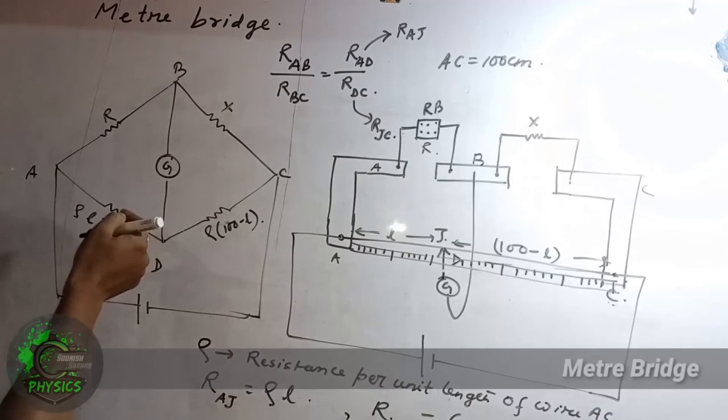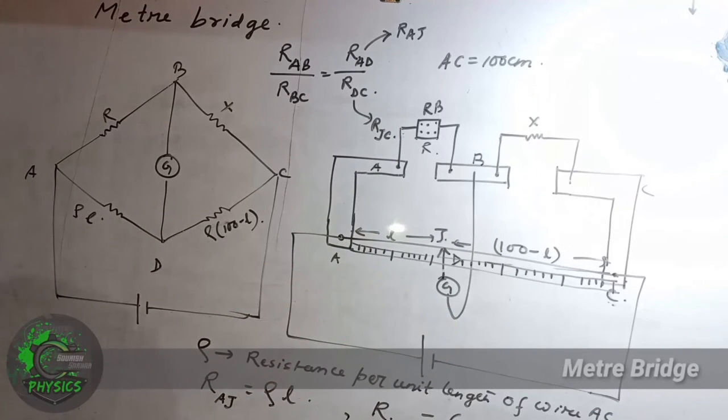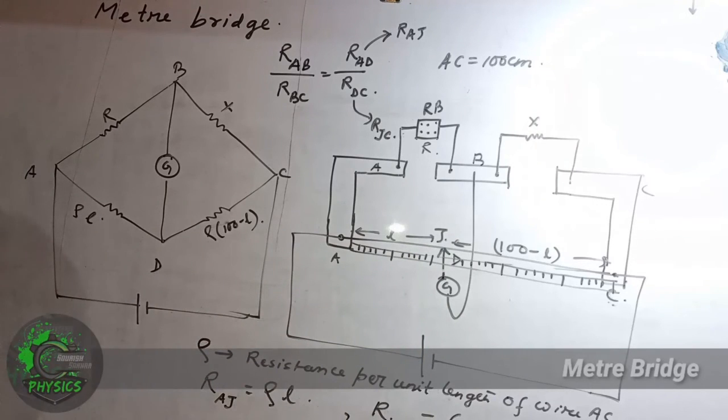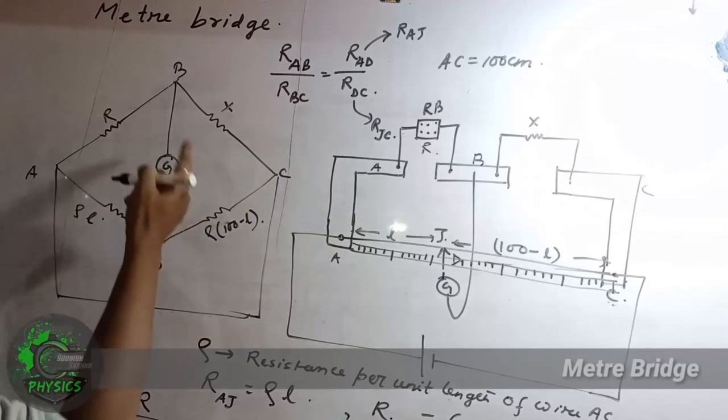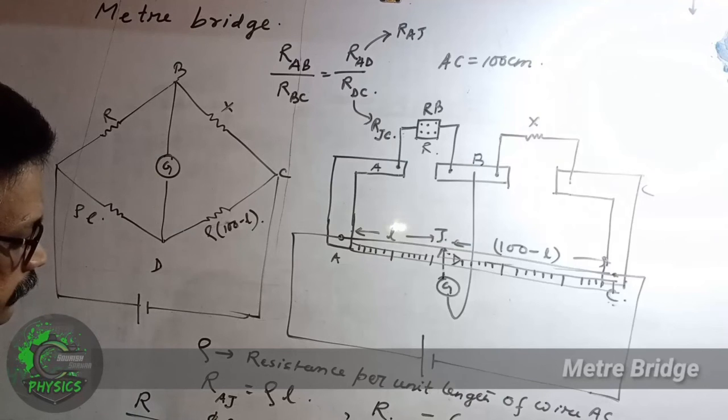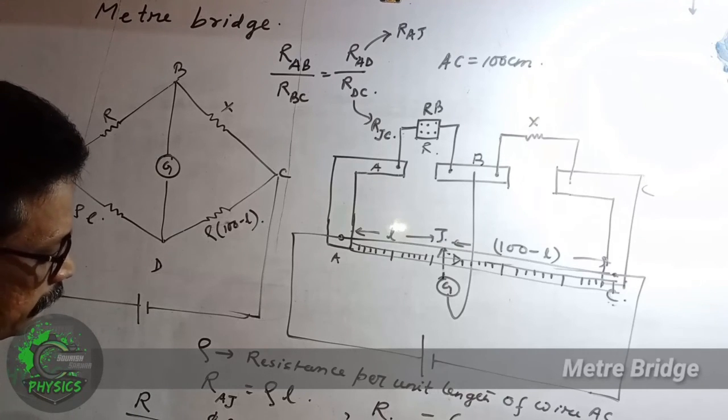So, the bridge is balanced because the galvanometer is showing null deflection when the jockey J is at point D. So, we can write that the resistance of AB, which is R, by the resistance of BC, which is X, equals the resistance of AD or AJ, that is rho L, by the resistance of DC or JC, which is (100 minus L) into rho. Cancel rho, so it is L divided by 100 minus L.